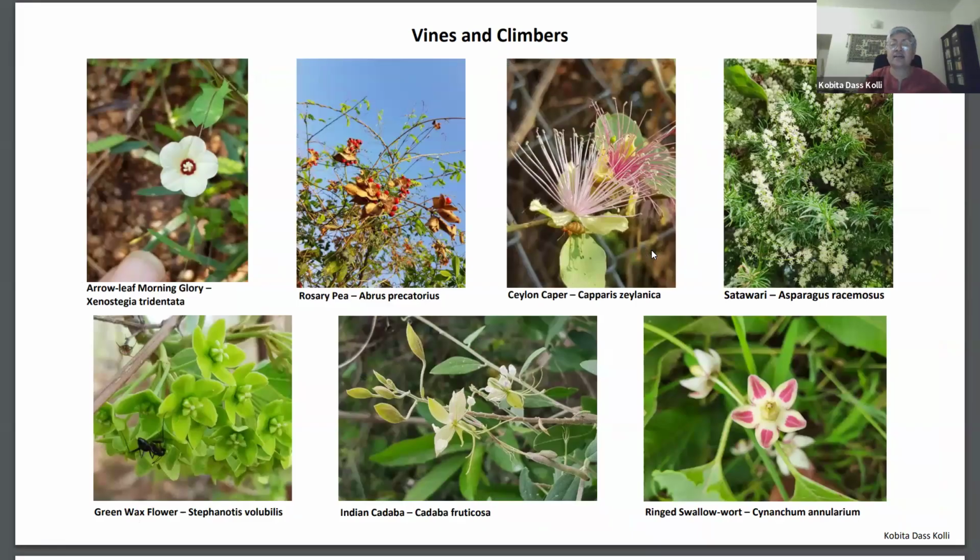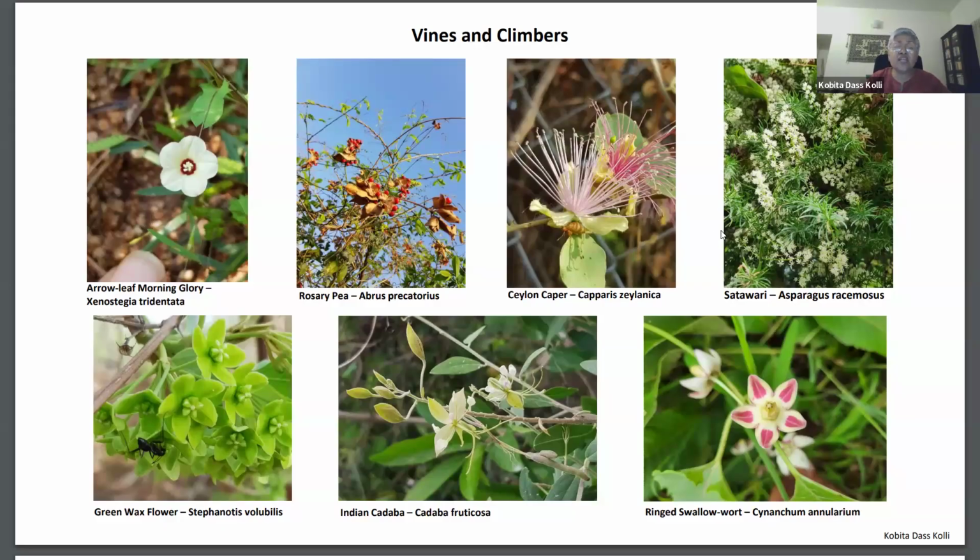These are vines and climbers. What I'm doing is taking you through different categories of plants, just so that you have an idea of the kind of different plants you could see in your area. You'll have to look carefully. These are certain climbers we see in our region, and some of them may again be ephemeral.